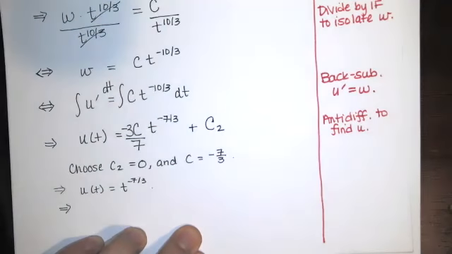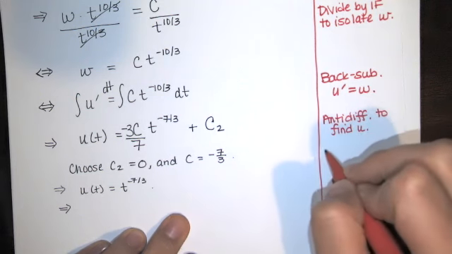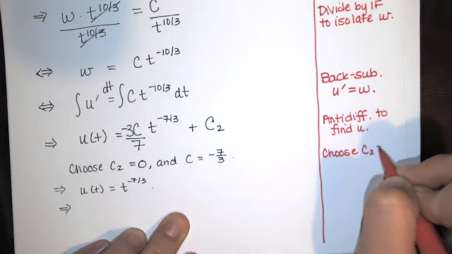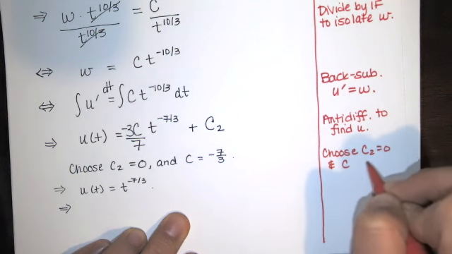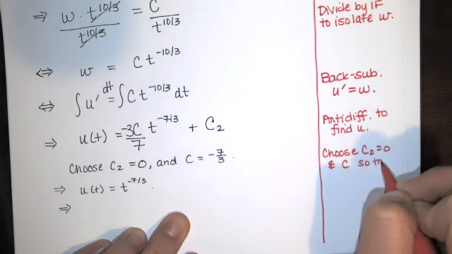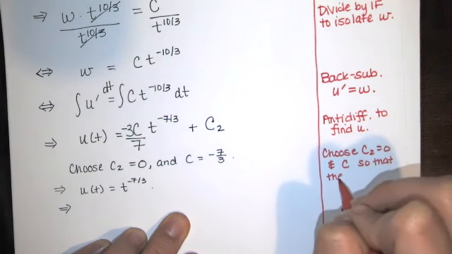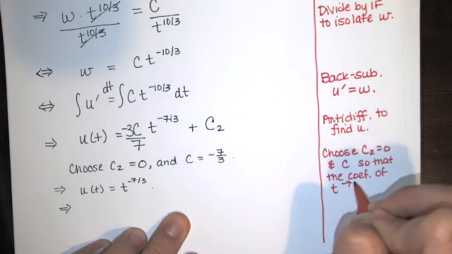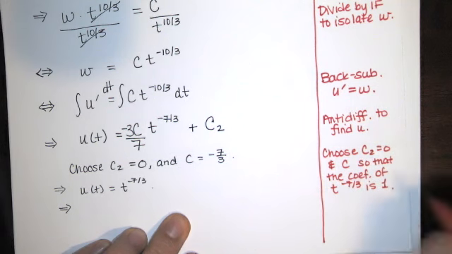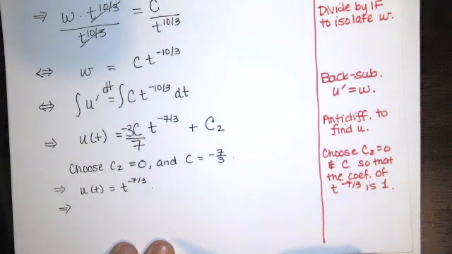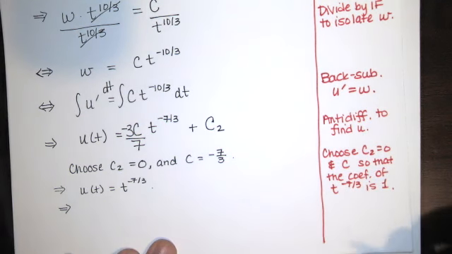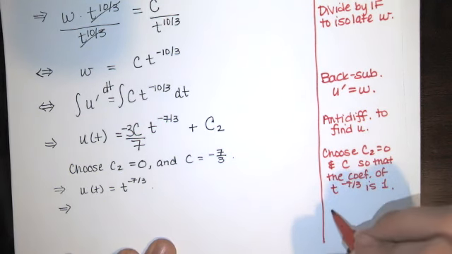So we're choosing C2 equals 0, and we want to choose C so that the coefficient of that t to the negative 7/3 is 1. And now you've got u of t. Then you can use u to construct y2.